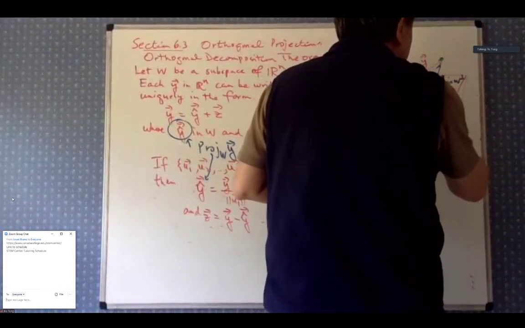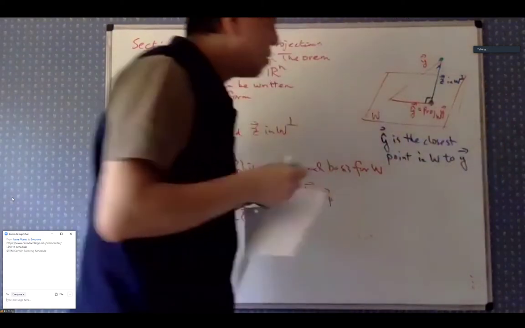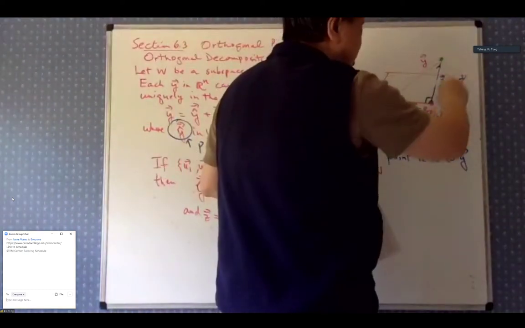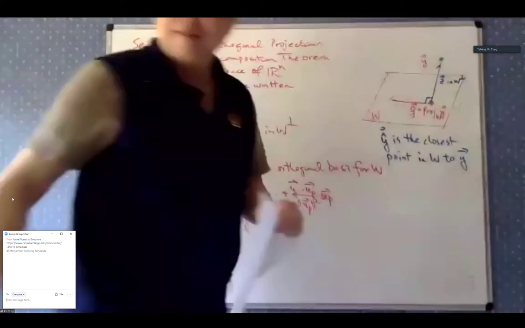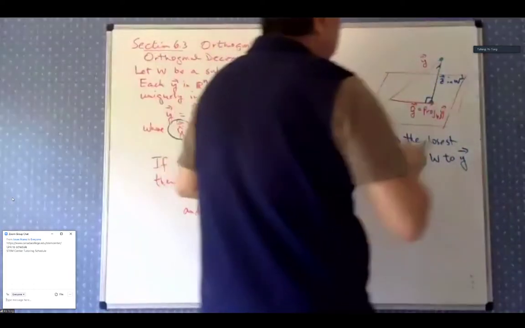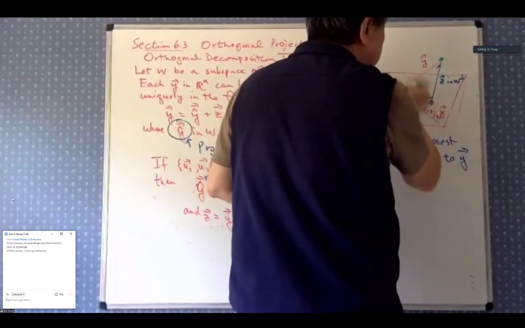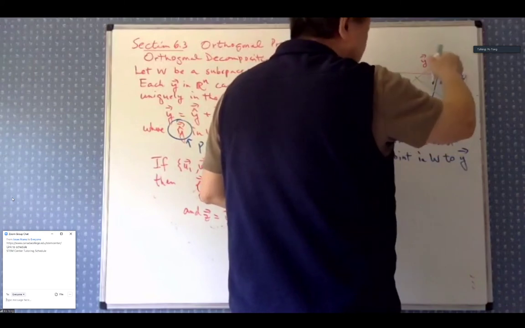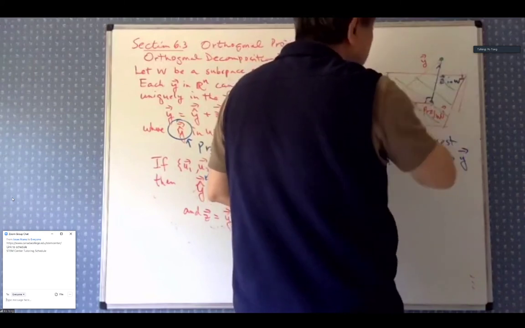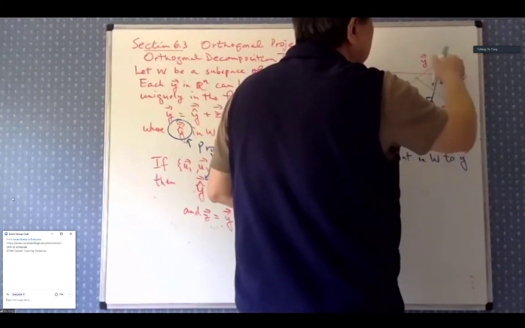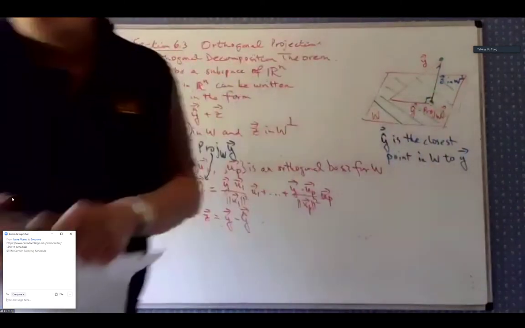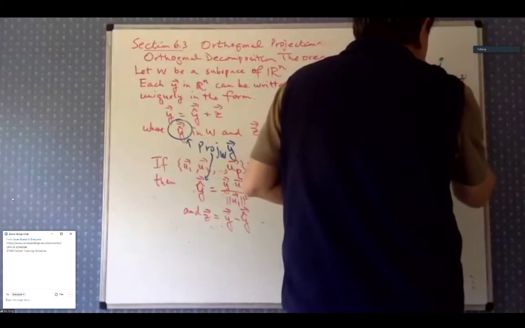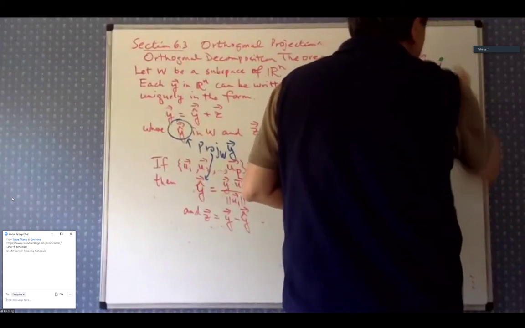So this point is the closest to this entire plane. The closest point on this plane to the green dot is this point here.